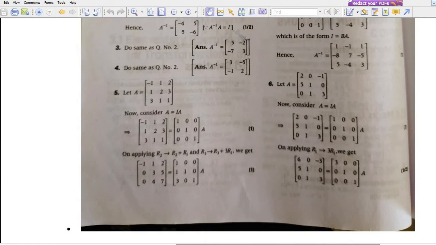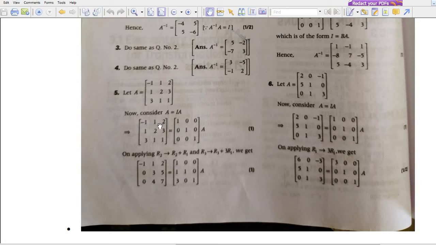We have to find the inverse of this matrix, where the first row is -1 1 2, the second row is 1 2 3, and the third row is 3 1 1. What is our step 1? At first we write the matrix in the form A = IA.